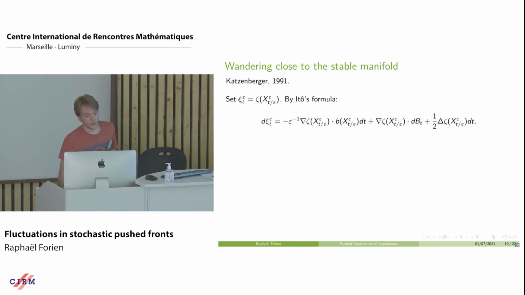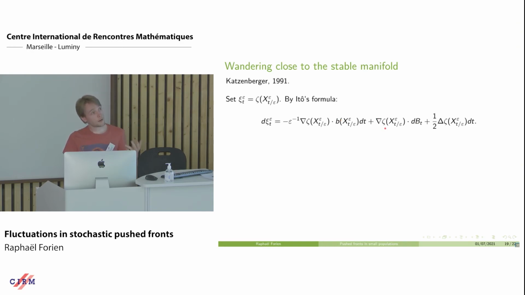So we can define psi epsilon to be this projection of the stochastic process where I've sped up time by a factor of epsilon. And I can apply Ito's formula, provided that zeta is nice enough. And I have three terms in this Ito formula. The first term here is fairly nasty. It has a 1 over epsilon in the front, but it comes from the deterministic flow in the SDE.